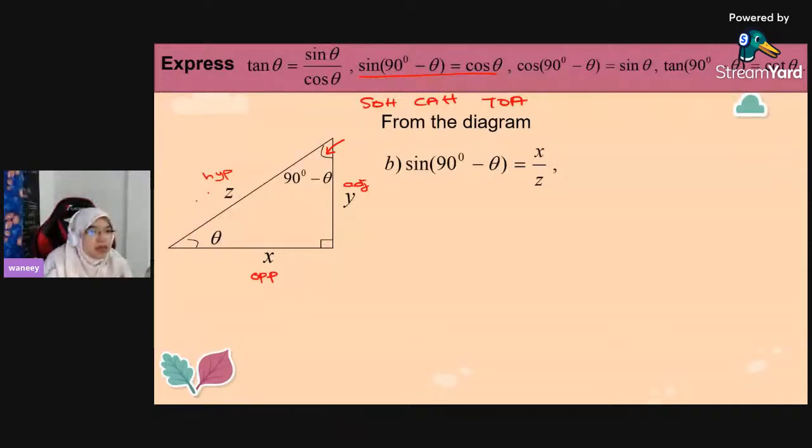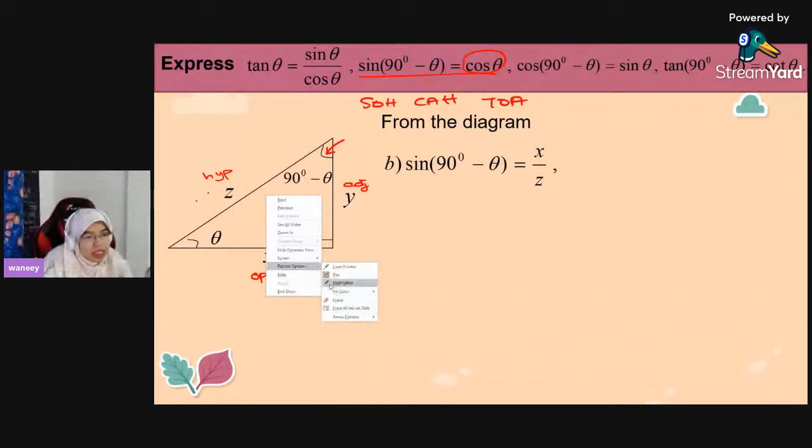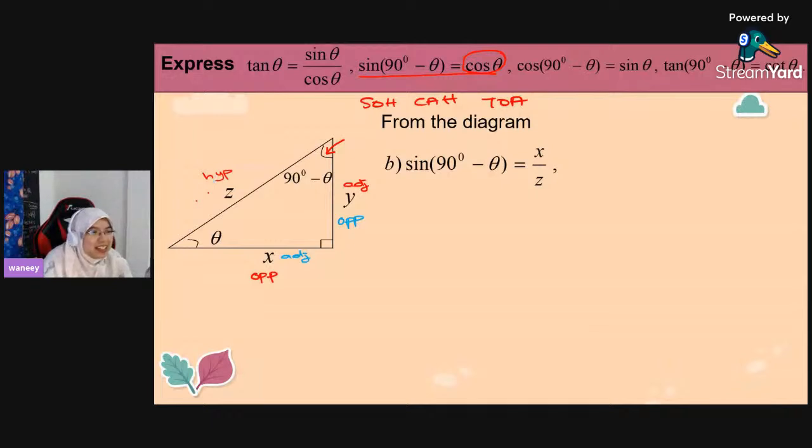Okay, so try to see what is cos theta. Cos is adjacent over hypotenuse. If we are at theta, then the opposite of theta is y, the adjacent is x, and the hypotenuse is still z.